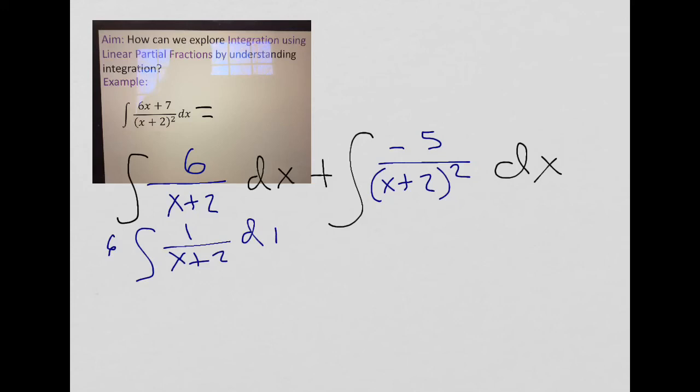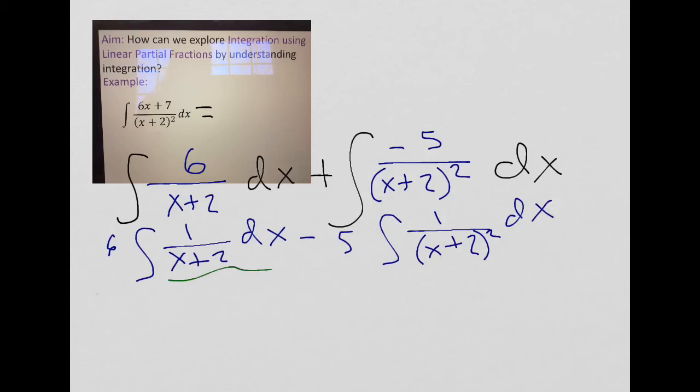Okay, and if I pull out the negative 5, this is going to be minus, actually I'm missing the x, 5 times this integral here. Now we already discovered, if we have du over u as we have over here, it's the ln absolute value of u, we don't need the u substitution, so we get 6 ln absolute value of x plus 2.